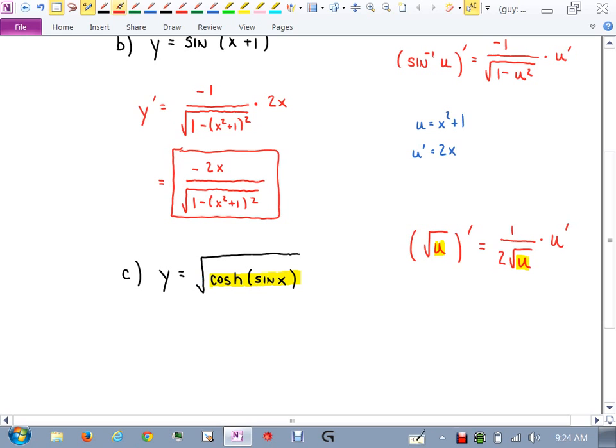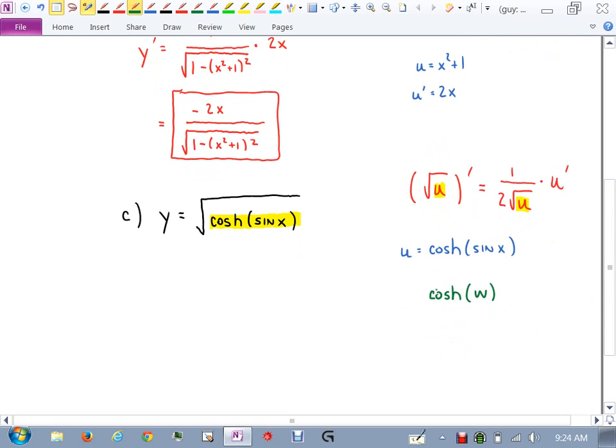So let's write down what u is right here. U is equal to cosine hyperbolic of sine x. So treat this like its own problem now. If I ask you to figure out the derivative of cosine hyperbolic of, I'm going to use w instead of u, what's the derivative of cosine hyperbolic of w?